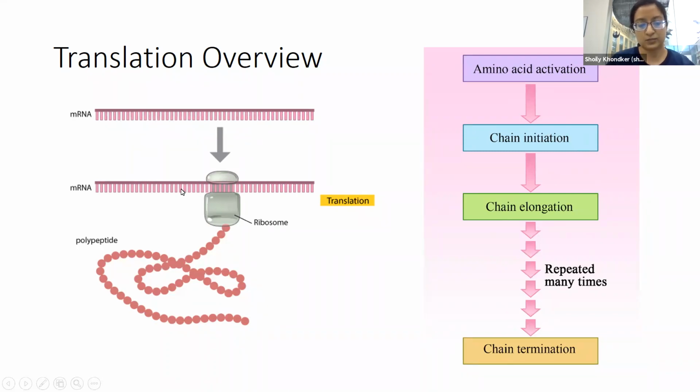This process will translate the mRNA transcript into a polypeptide, which is a sequence of amino acids. There are 4 major steps involved in this process. The first is amino acid activation, then you have chain initiation, elongation, which is repeated multiple times, and then you have chain termination to yield a completed polypeptide.